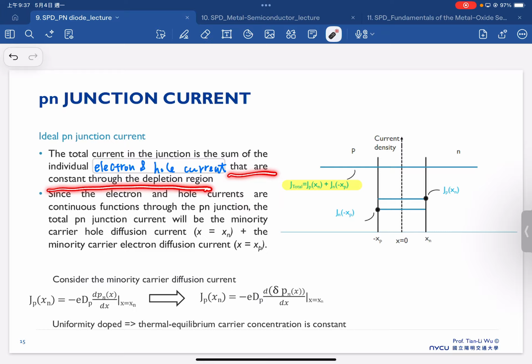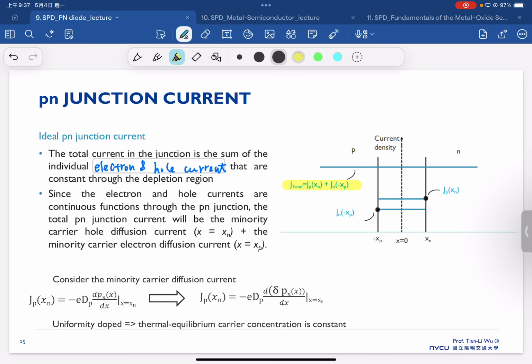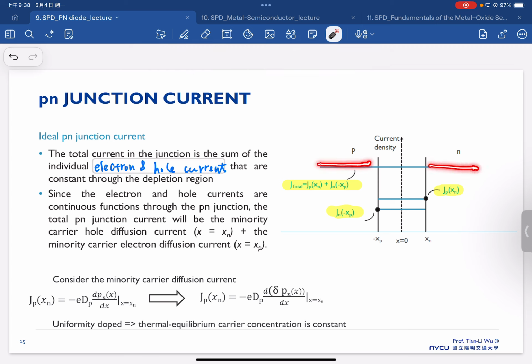Because the current is constant in the depletion region, we are able to estimate the total current by considering the sum of the electron and hole current in the depletion region. So the current here will be equal to the current here, and the current here will be equal to this plus this one. So that's the idea.